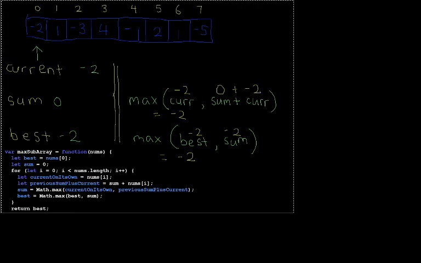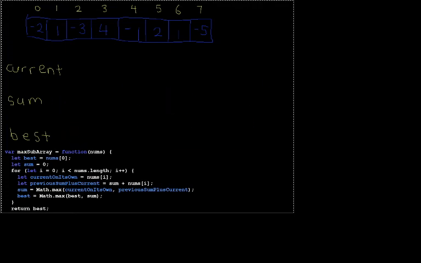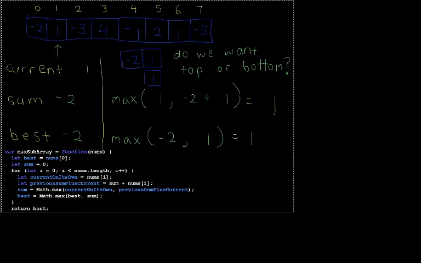Now if we move on to step 1, it's easier to make this comparison of what we want to do: whether you want to use the previous value plus the current value, -2 and 1, or if you just want to use the current value itself.